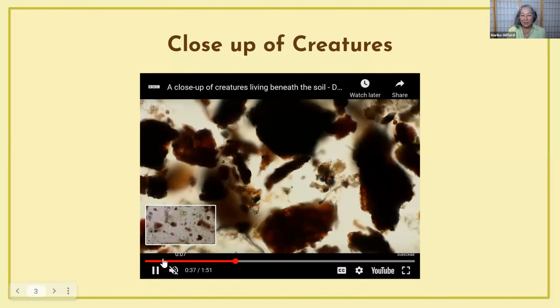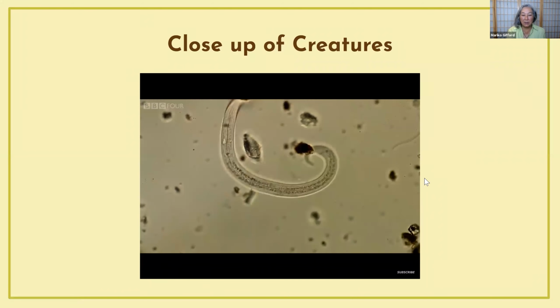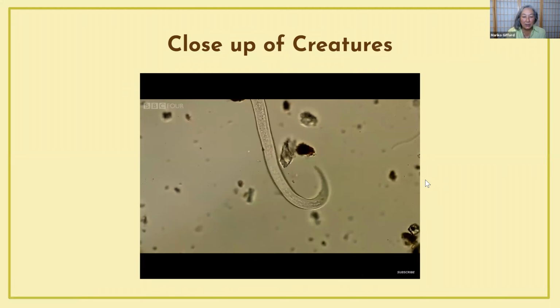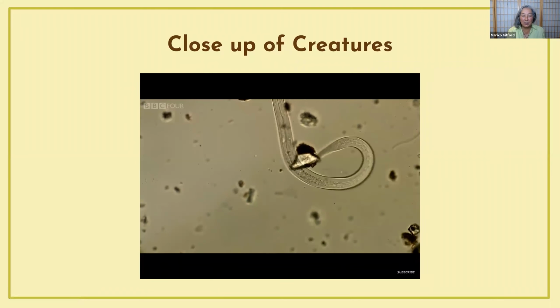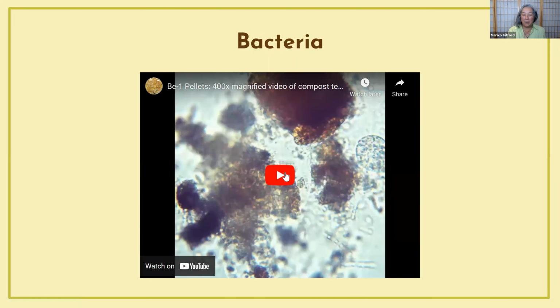And here you see again the nematode flapping around, whipping and trying to open up that soil aggregate. Here, if you look closely, you'll see tiny shimmery little dots. That was a microarthropod, which we'll see again later. Just a glimpse of what's to come.